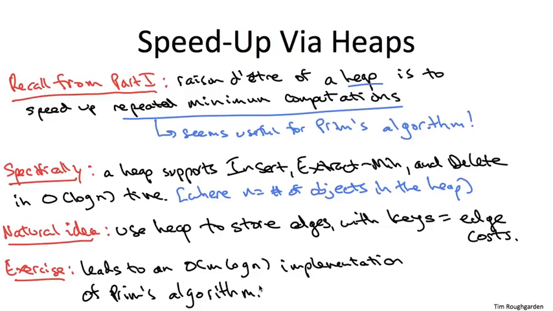What I want to spend our time together on instead is this somewhat more sophisticated, more practical way to use heaps. And for those of you who remember our fast implementation of Dijkstra, this will be very familiar to you. It'll be the same kinds of ideas that we used for Dijkstra. And the key point is, instead of using the heap to store edges, we're going to use it to store vertices.